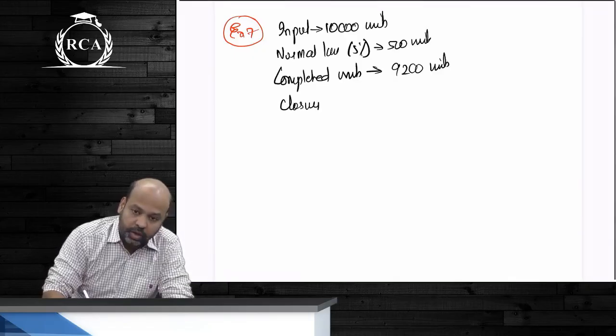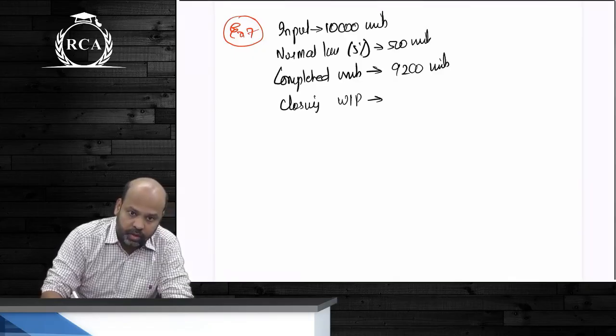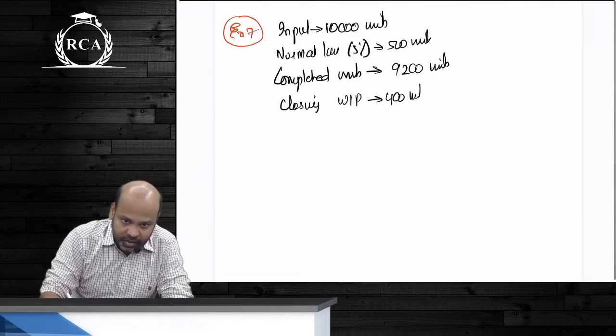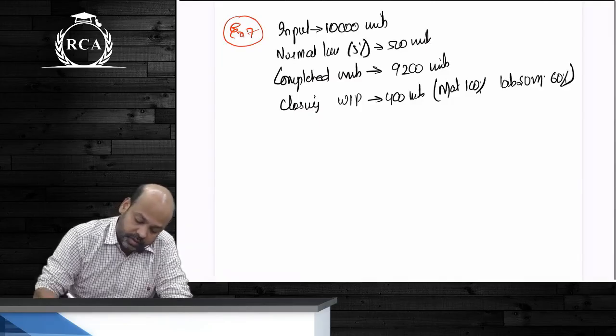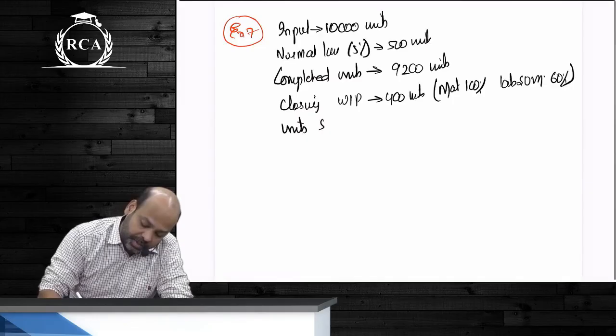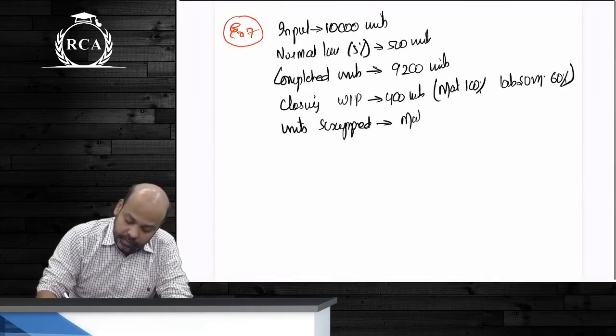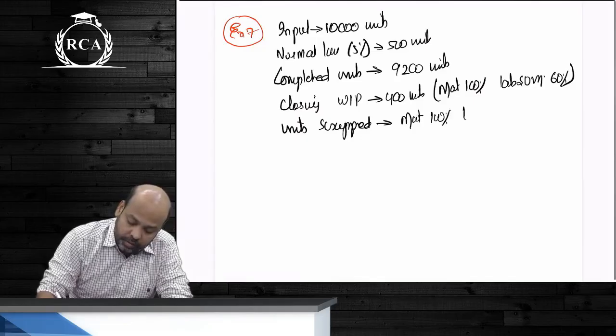Closing work in progress beta is 400 units. Material 100%, labor and overheads 60%. Units scrapped guys have material 100%, labor and overheads 40%.